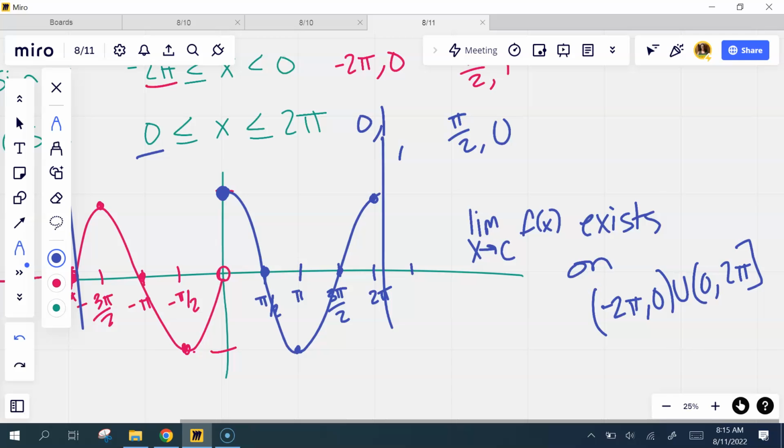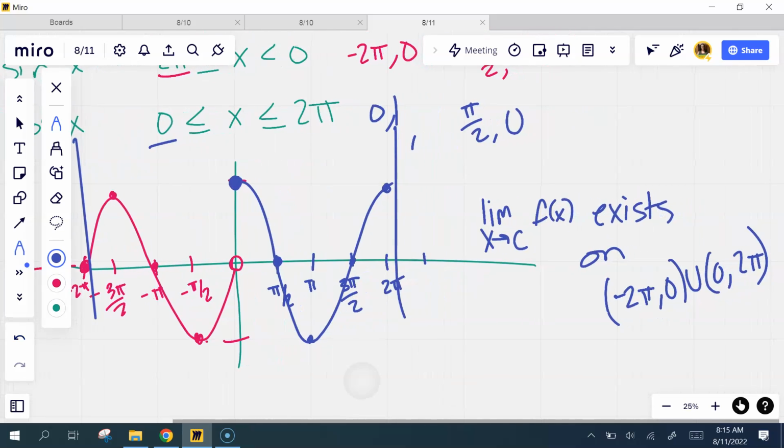Actually, no, I cannot do that. I can't include the endpoints because the limit doesn't exist on the endpoints. Do you agree? Why would the limit not exist on the endpoints? There you go. Definition of a limit says that the limit has to be the same from the left and the right. So for the endpoints, you only got it coming in from one side, so you don't have a limit there. So the limit's going to exist between negative 2 pi and 0, and then from 0 to 2 pi.